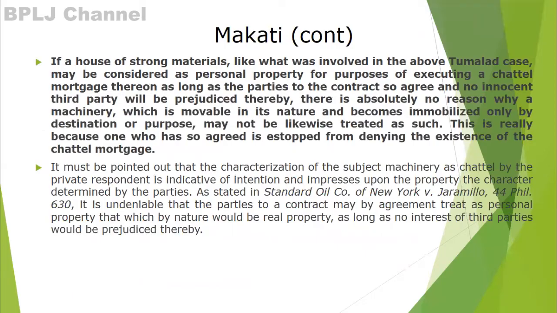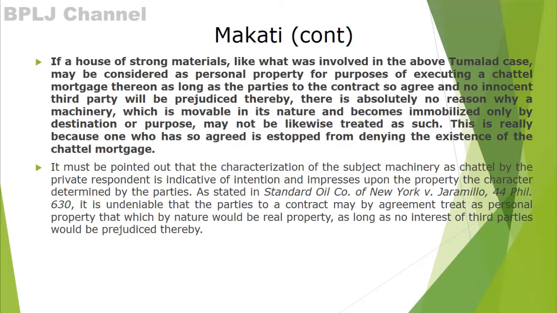So if a house of strong materials like what was involved in Tumalat may be considered as personal property for purposes of executing a chattel mortgage, as long as the parties to the contract agree and no innocent third parties will be prejudiced, there is absolutely no reason why a machinery which is movable in nature and becomes immobilized only by destination or purpose may not likewise be treated as such.